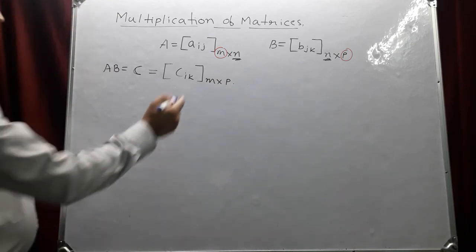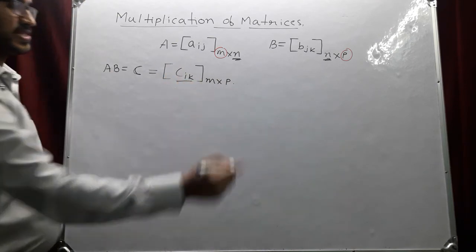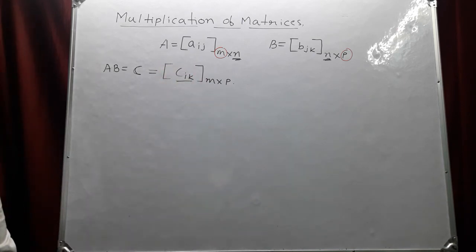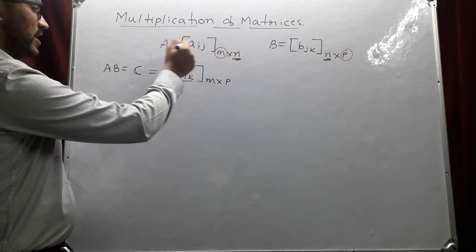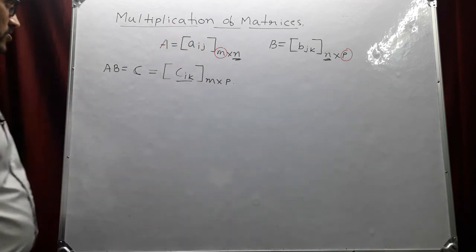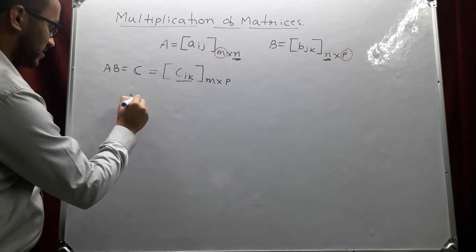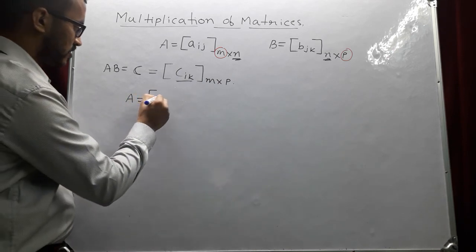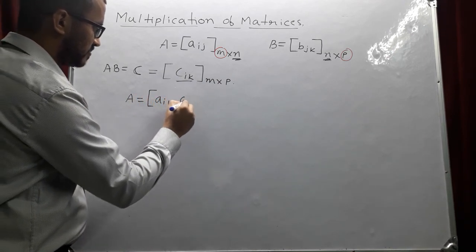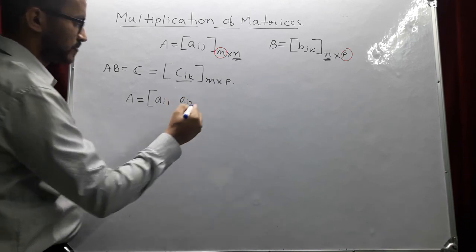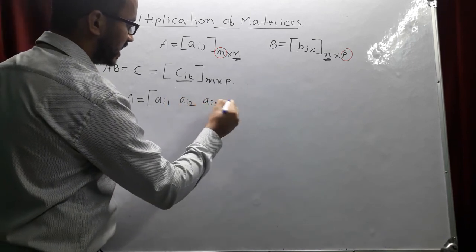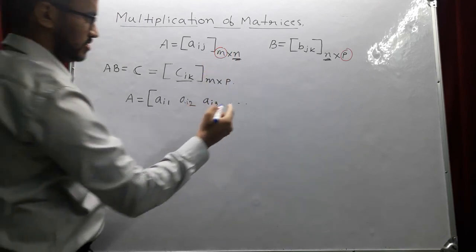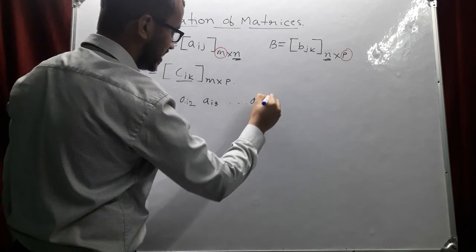Then how to get the elements of the matrix C? The element Cik is obtained by taking the ith row of matrix A. The ith row of matrix A can be written as Ai1, Ai2, Ai3, and so on. Since we have n columns, the last element is Ain.